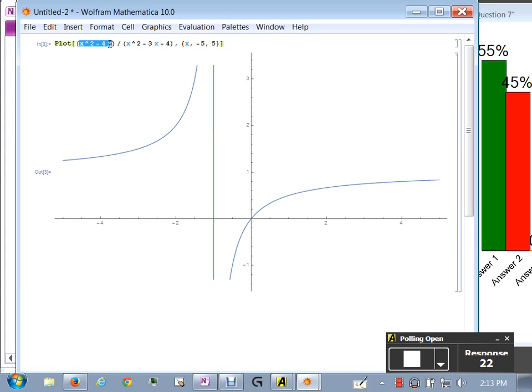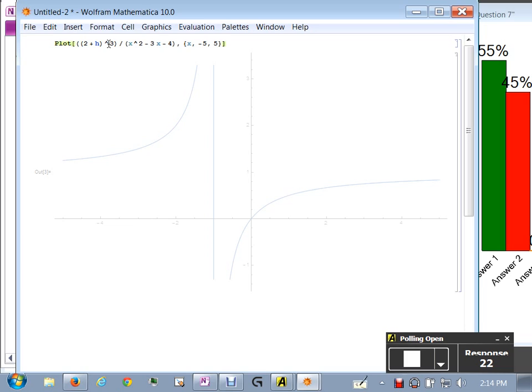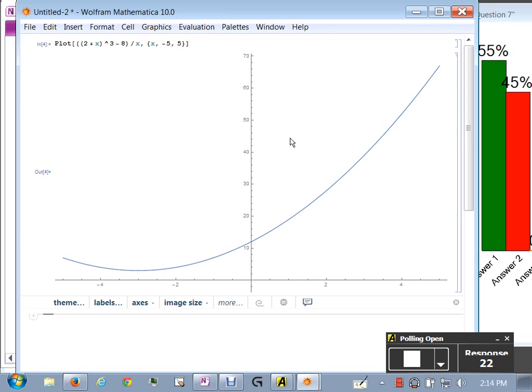It was 2 plus h cubed minus 8 over h, yes? There's the graph. Do you see what's happening at 0? Where am I? Up here at 12. Couldn't tell that unless you had the picture or you did the algebra to get it, right?